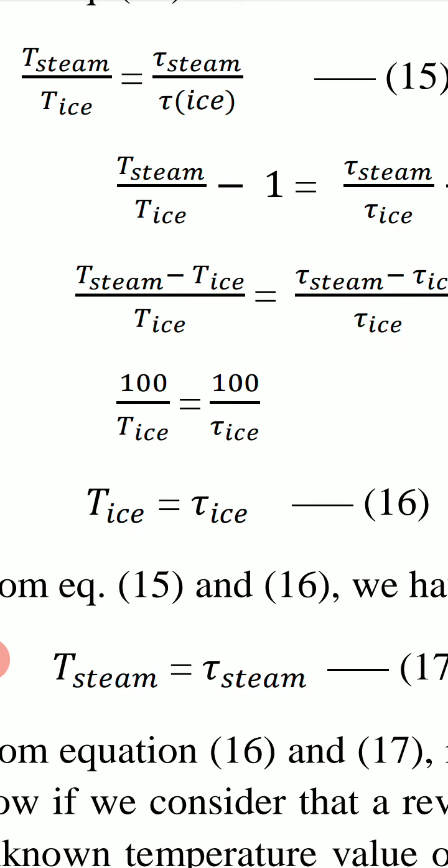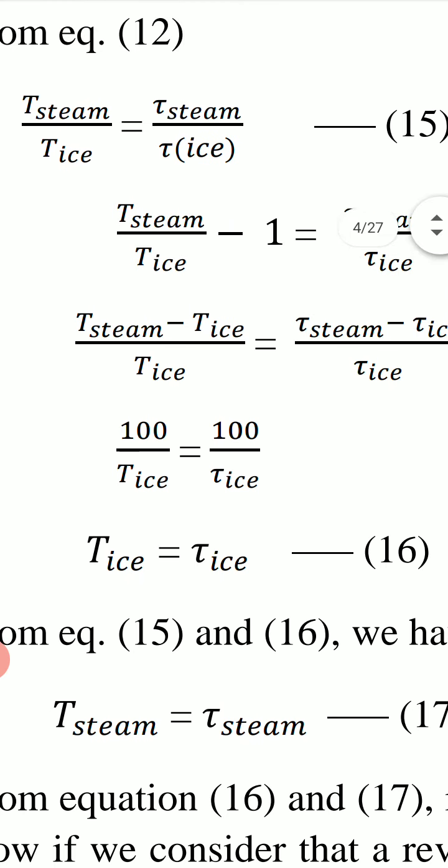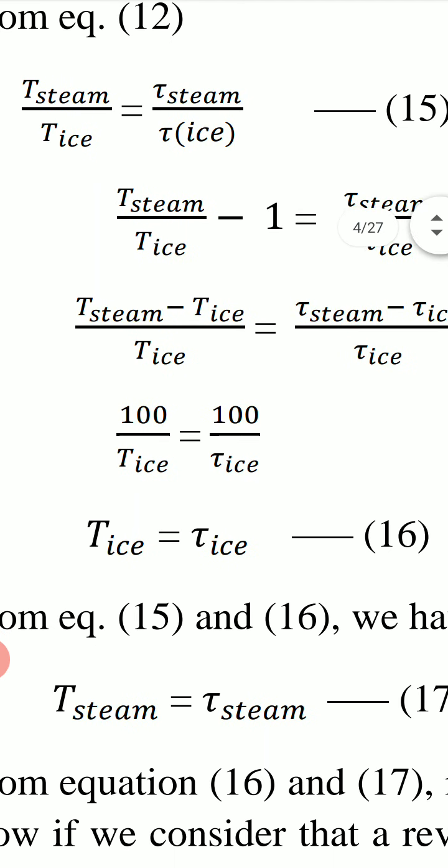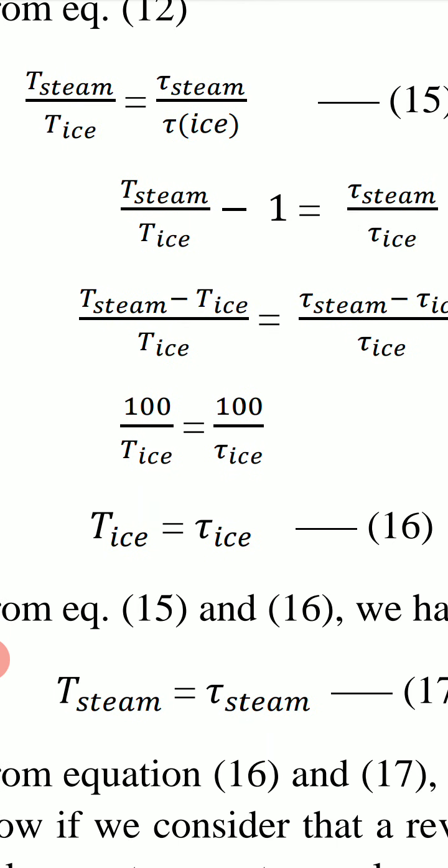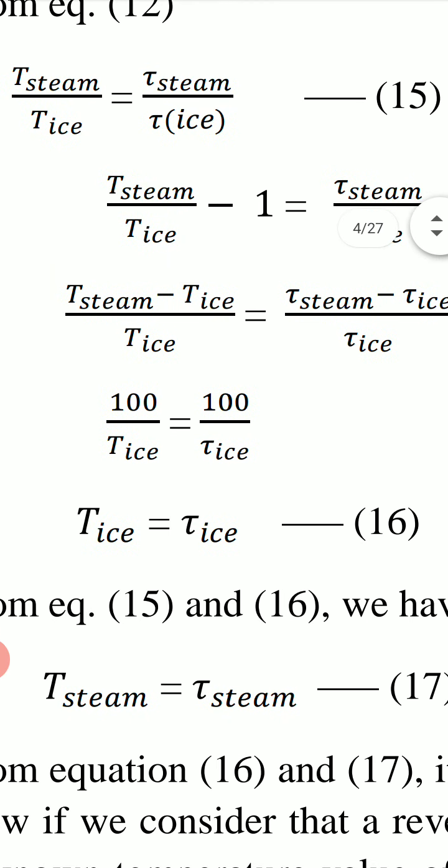So the temperature of ice is the same in both the scales. In the perfect gas scale it is capital T ice, and in Kelvin's absolute scale it is tau ice. If we put T ice equal to tau ice in equation 15, we get T steam equal to tau steam.